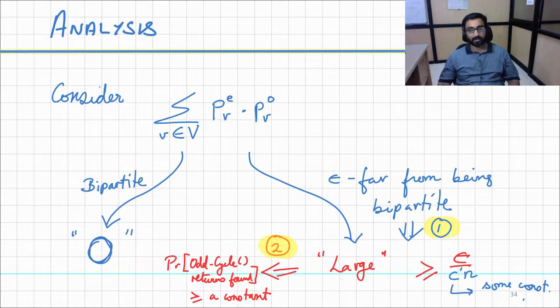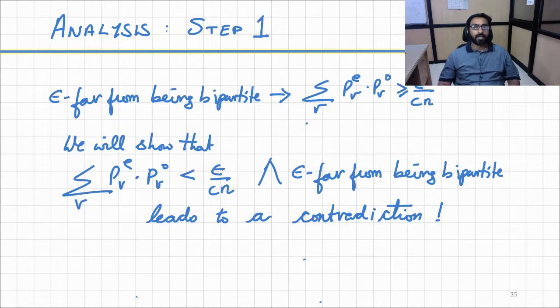So without further ado, let's start with step 1 and recollect what it is that we want to show. We want to show that if the graph is epsilon far from being bipartite, then this summation over all the vertices, PVE times PVO, is at least epsilon over Cn, where C is some constant.